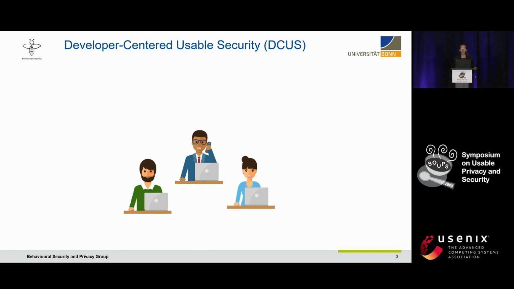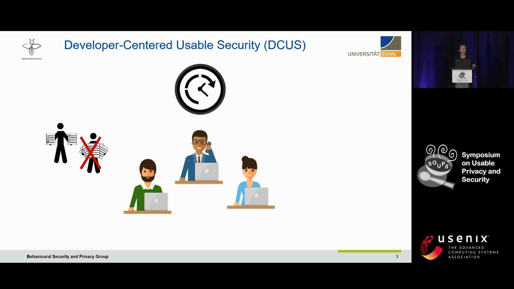And this is even more important in developer-centered usable security because in that field there's only a limited number of available participants. These participants are busy professionals, so they have time limitations, and they're also highly paid in their work life, so that makes them costly to recruit.